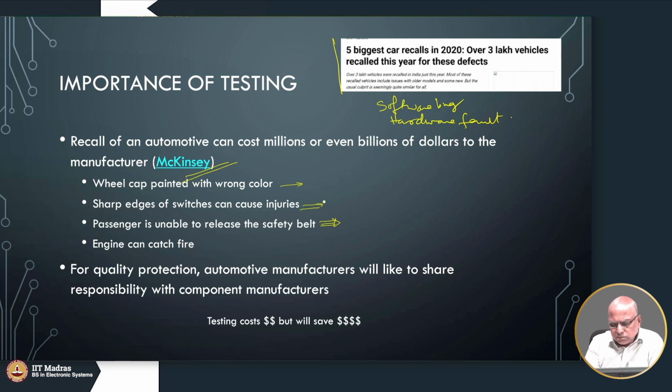But suppose the person is not able to release the safety belt, it is stuck. This is more of a mechanical problem, possibly. Even then, it will be recalled. Or here, maybe there is an electric vehicle and maybe it can catch fire. So, these are more dangerous.